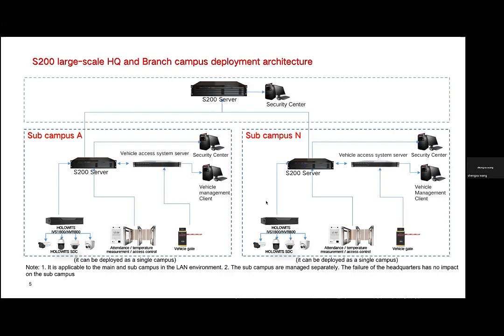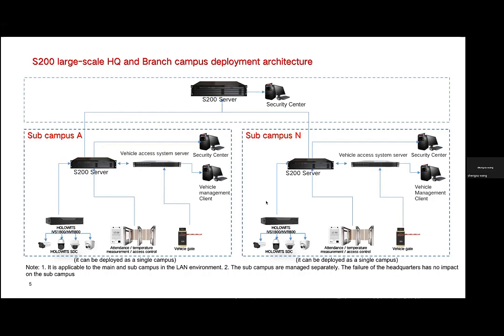So altogether it is one enterprise. If this enterprise wants to monitor other sites in the branch campuses, you need to deploy a solution that utilizes the S200 for this scenario. You could see on this slide, in subcampus A or subcampus B, you could deploy the S200 server.